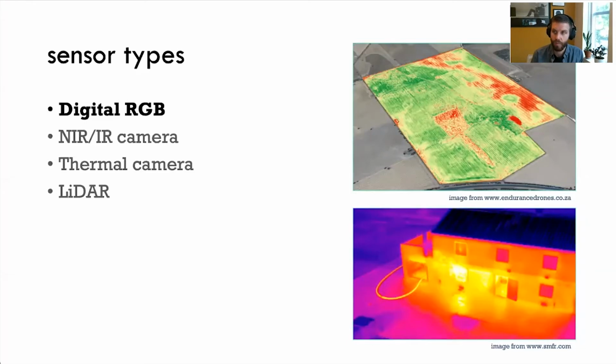And while there's LiDAR, which is used for 3D mapping, many of those sensors are still too big to be easily carried on a drone, but are constantly being made smaller and more inexpensive. So I think we'll see more of those in the future.